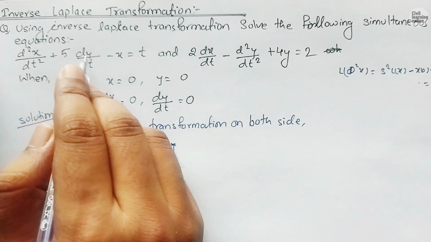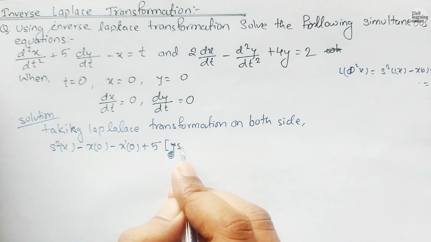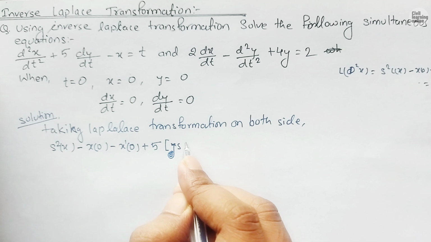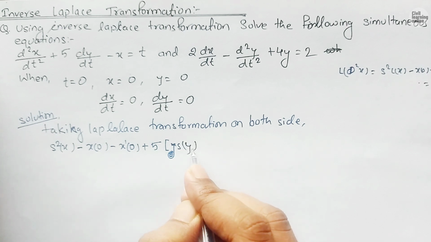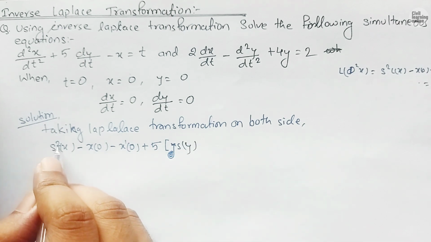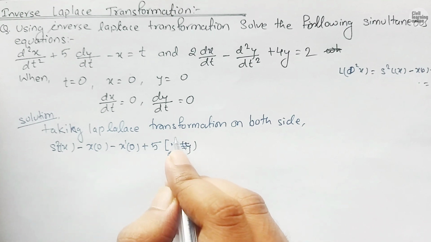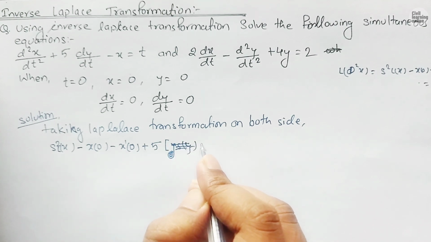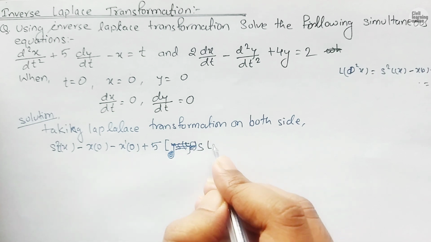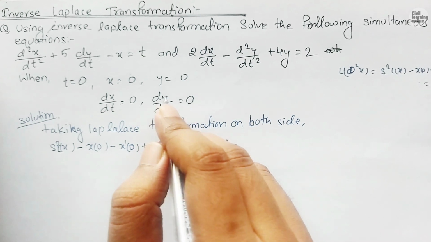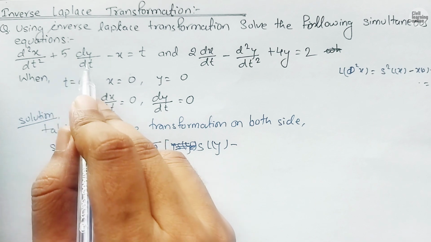5 times dy by dt, which means s times Laplace transformation of y minus y0, due to this 5 times dy by dt.